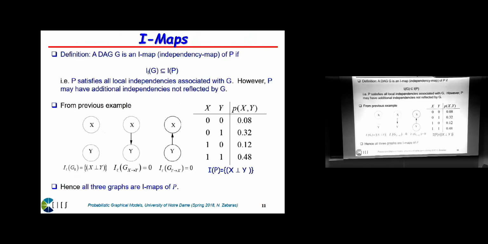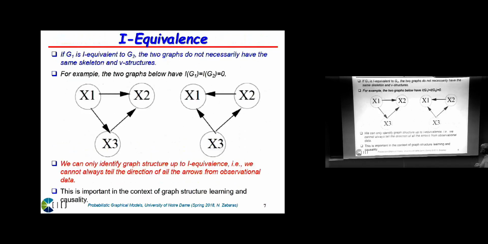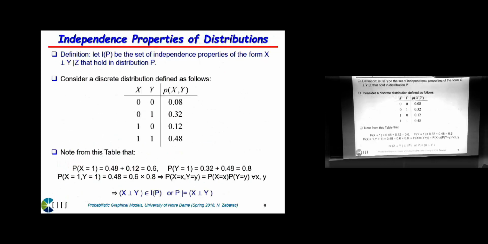So effectively, for all three graphs, the I of G is a subset of I of P, so they are I-maps of the distribution P. All right? And this is, if you like, a little graphical justification of what I said before, something that we put in red here, that says you can only identify graph structure up to I-equivalence, all right?